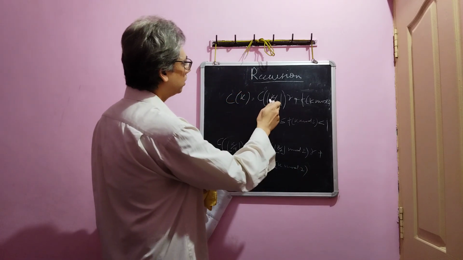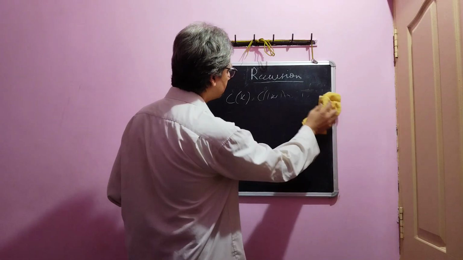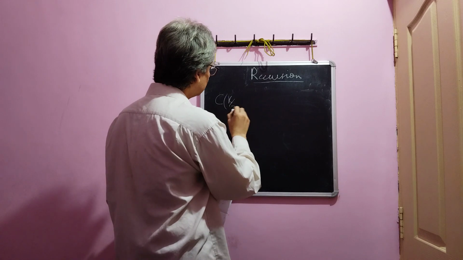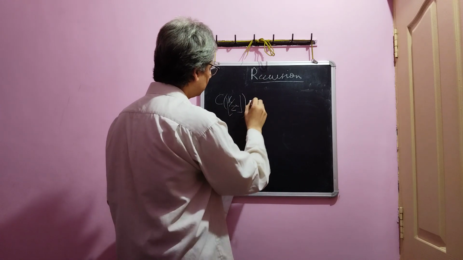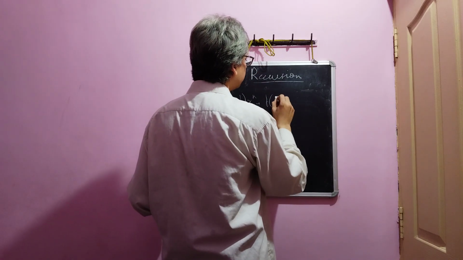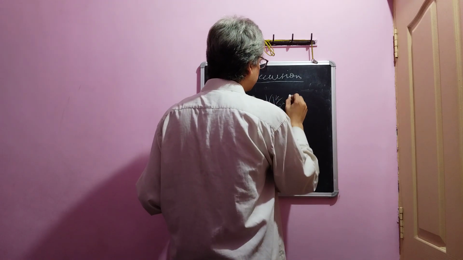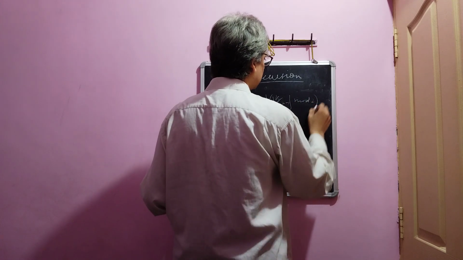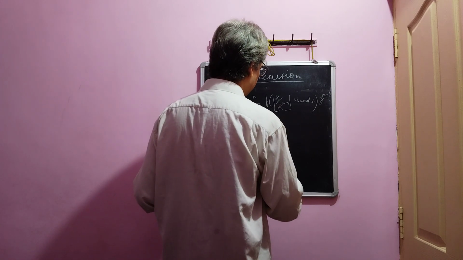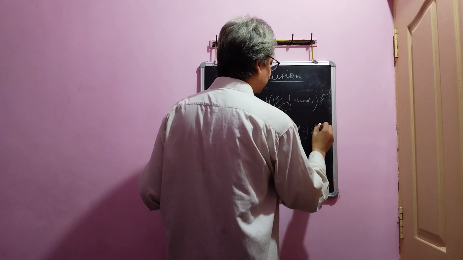Again, if we recursively apply this, in general we can see that it will have a simple pattern: C of floor of k by 2 power n times r power n plus f of floor of k by 2 power n minus 1 mod 2 times r power n minus 1 plus f of floor of k by 2 power n minus 2 mod 2 times r power n minus 2 and so on.